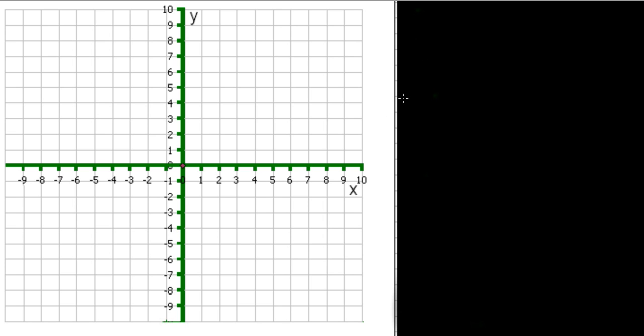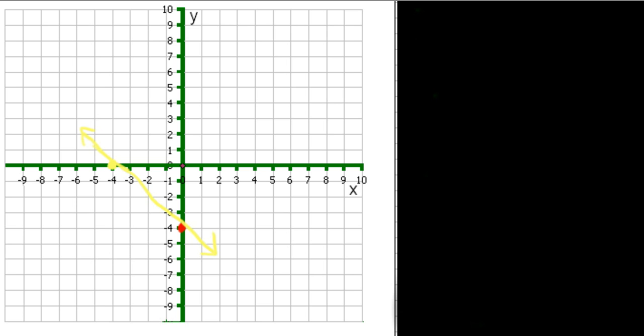So let's look at an example of finding intercepts. We have a graph where we have the point -4, 0 plotted, and we have 0, -4 plotted. And there's a line connecting the two. The graph intersects the x-axis at -4, 0.